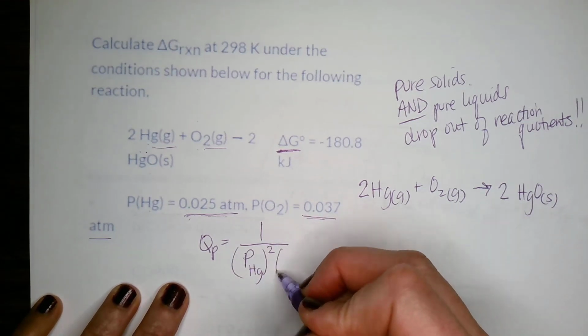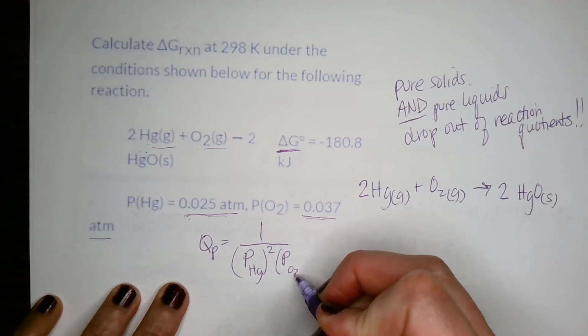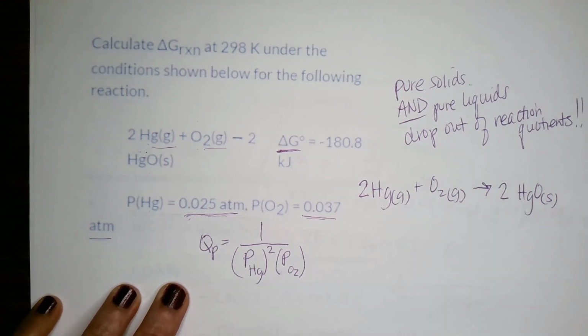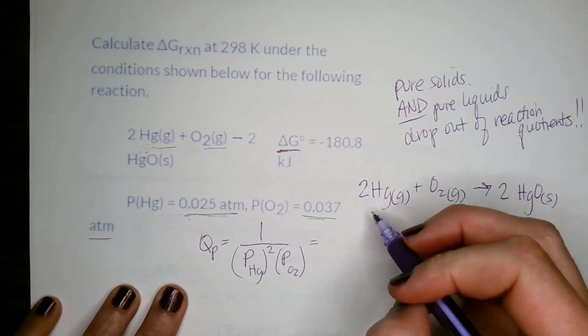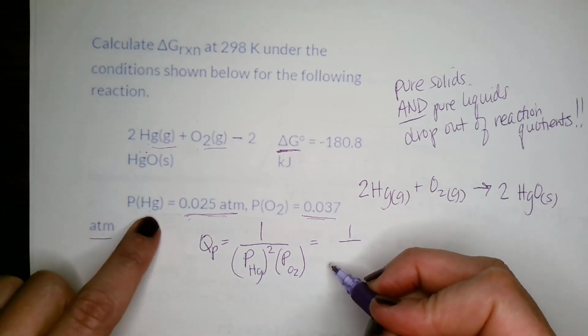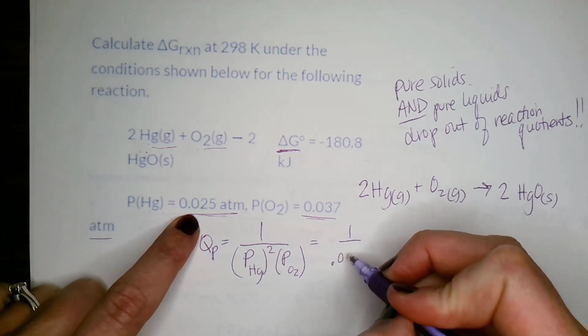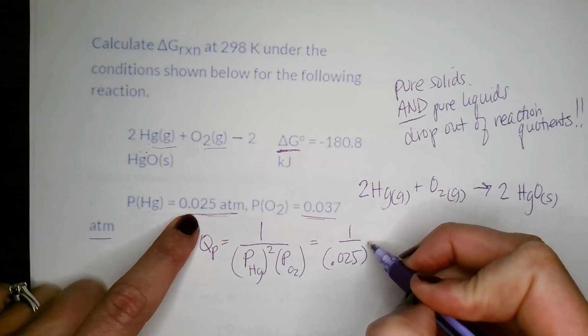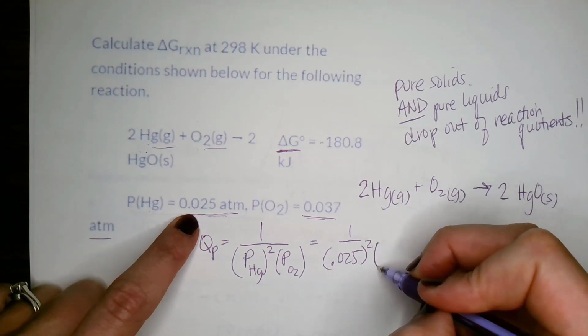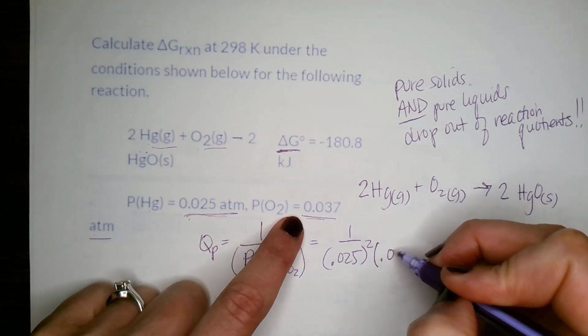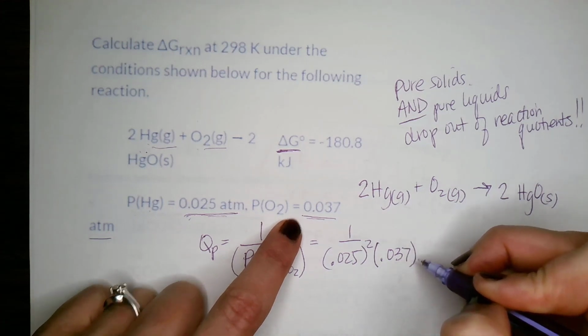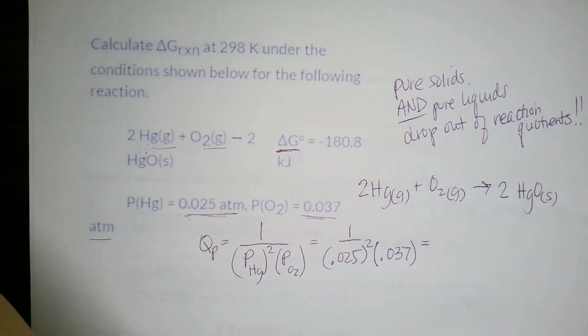So we do have to do the pressure of mercury squared times the pressure of oxygen raised to the power of 1. So 1 over the pressure of mercury, we said was 0.025 squared times the pressure of oxygen, 0.037.